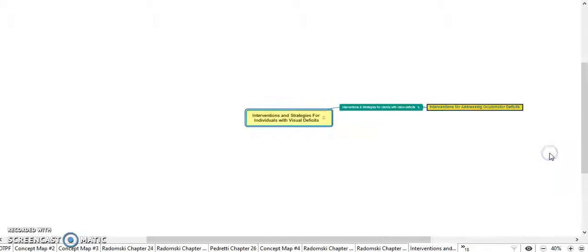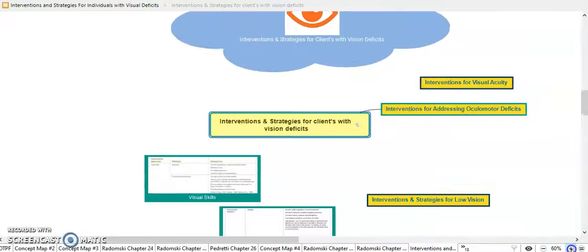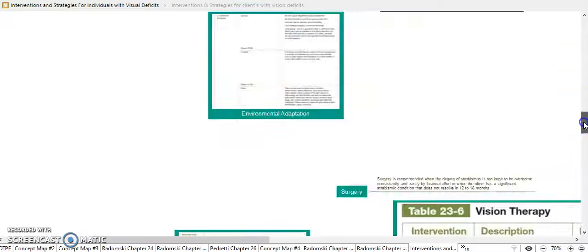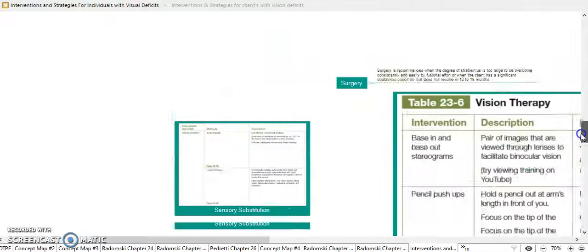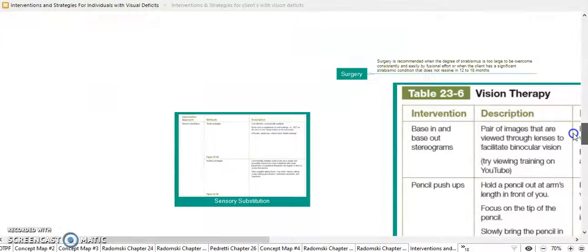Interventions and strategies. So what are different strategies that I need to review that are specific to clients with vision deficits? So environmental adaptation, vision therapy, visual scanning study.